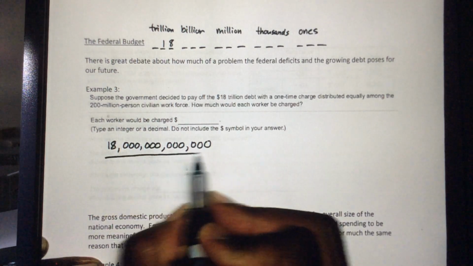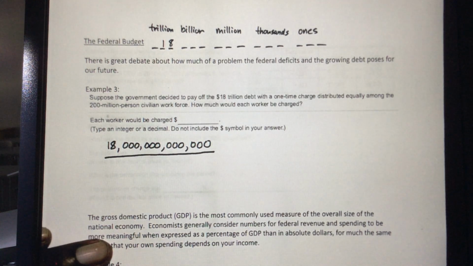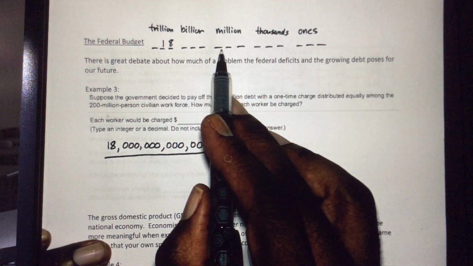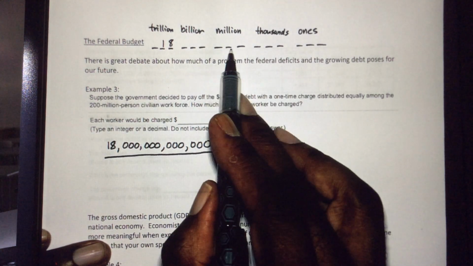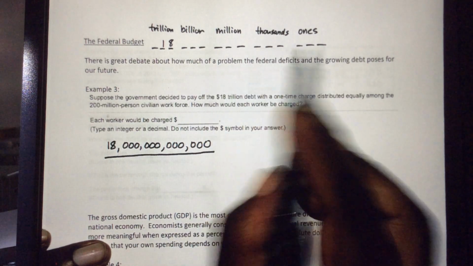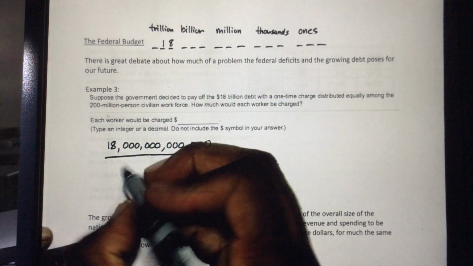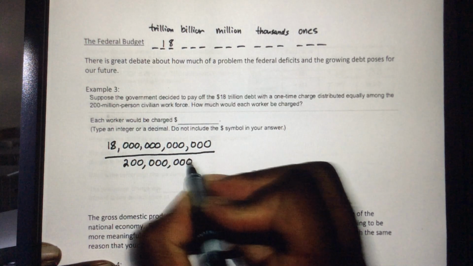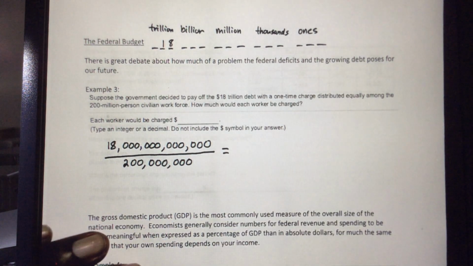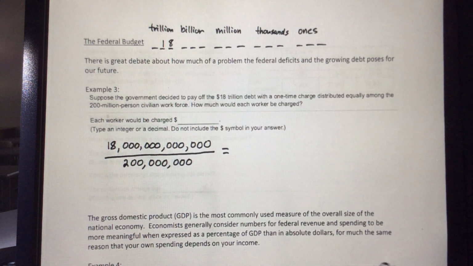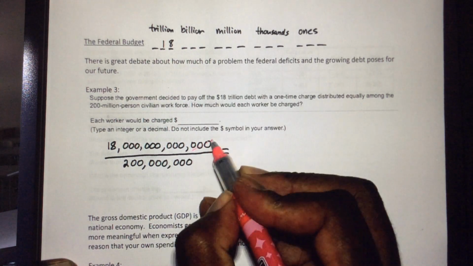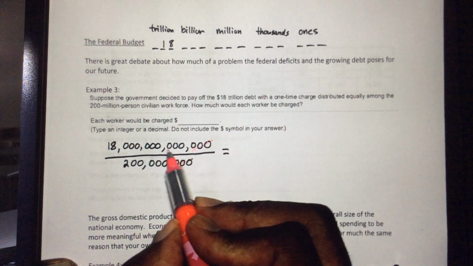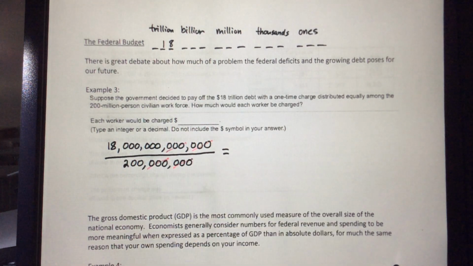Now, we're going to divide that by the 200 million person civilian workforce. Well, the millions right here, so I know I'm going to have 200 here for these spaces. The thousands and the ones will be 0. So I know I'm going to have 200 with 6 zeros behind it. Actually I can do this mentally, because these 3 zeros can divide up with these 3 zeros here.